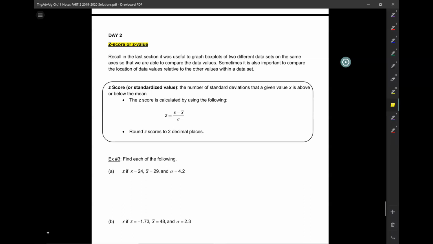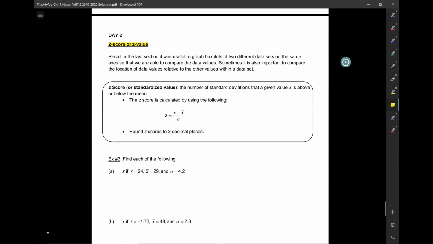Sometimes it's also important not to compare two different sets of data, but to compare two data points within the same set. So if you have two people with different heights, you want to compare where they fall in terms of the average.